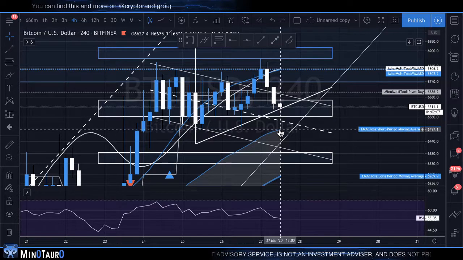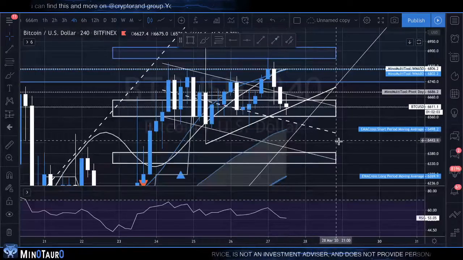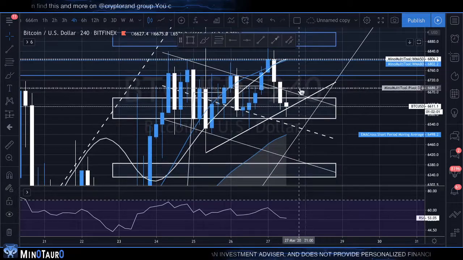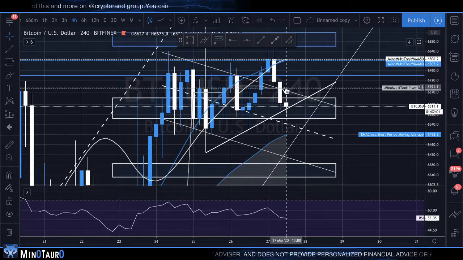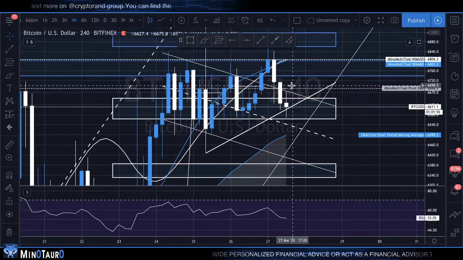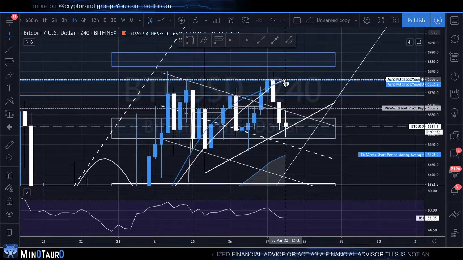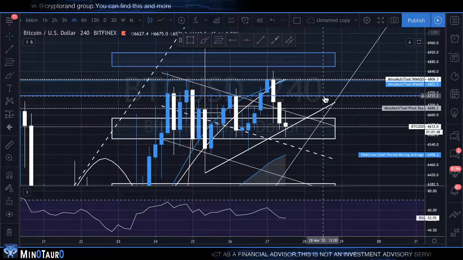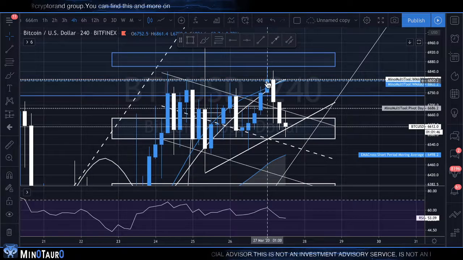It's not bullish, but at least it's a support. The bad thing is that we are under the pivot. So to be bullish again, we need to regain the pivot and regain this level. To be bearish, we just have to stay like we are. So this is the bearish situation.